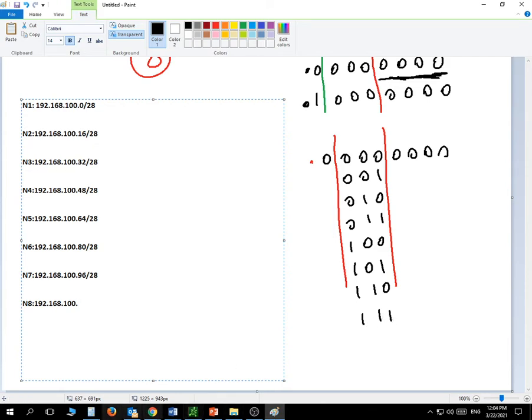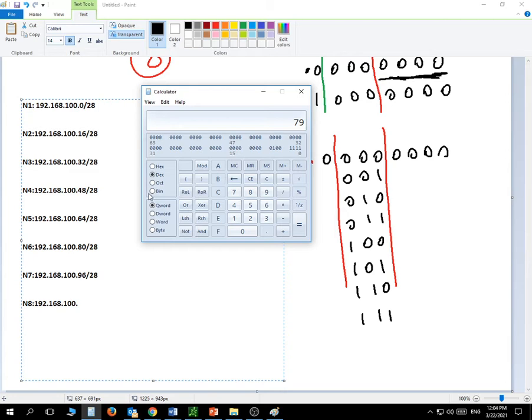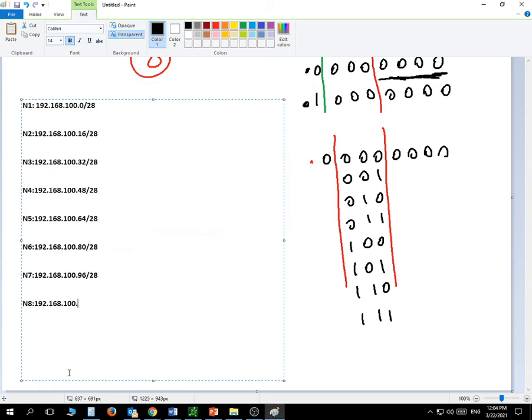I need to go and use a calculator here. So let me just go ahead and do that again. So it's 111 and then 4 zeros. And if you go to decimal point, it's 112. So it's 112/28.